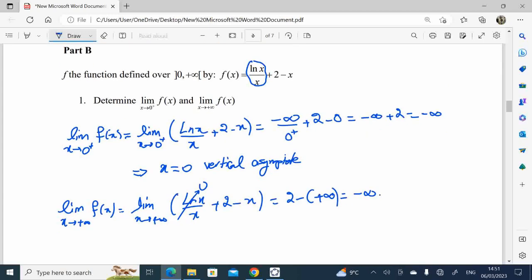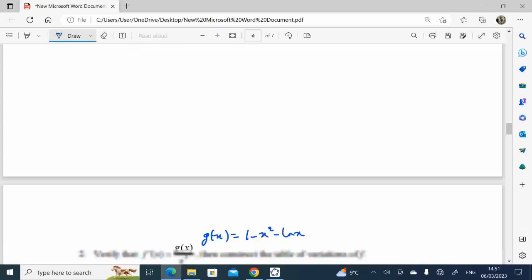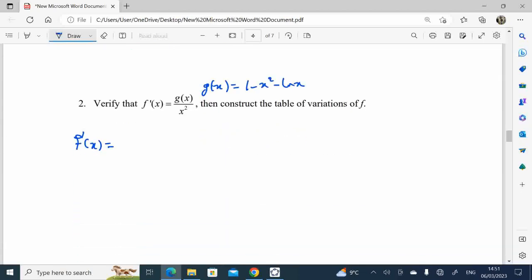So I'm going to recall it here. If we have a function of the form u over v and I want to derivate it, it's going to be equal to u prime times v minus v prime times u over v squared.